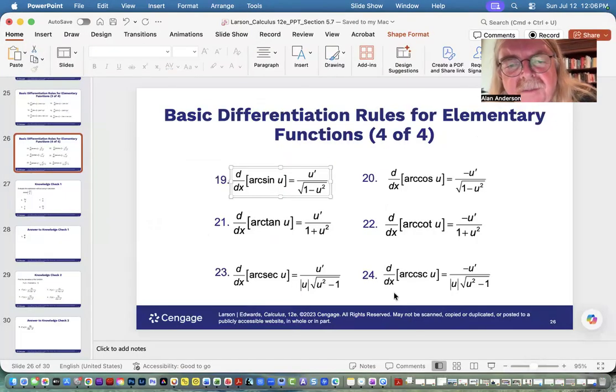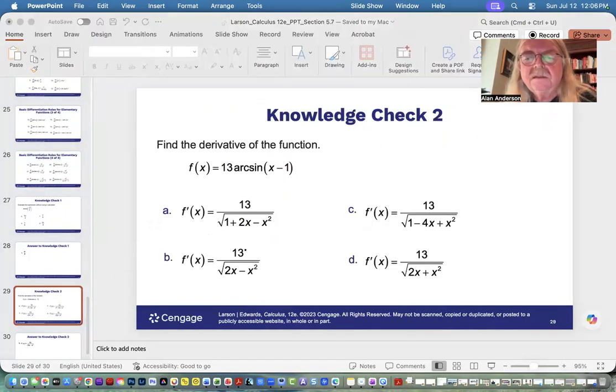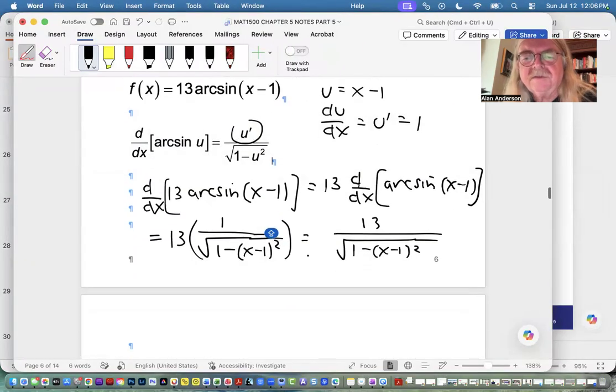All right, so unless they simplified it, that should do it. Yes, they did. They simplified it.